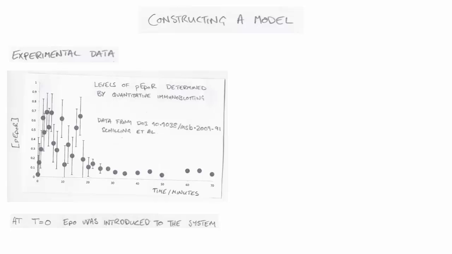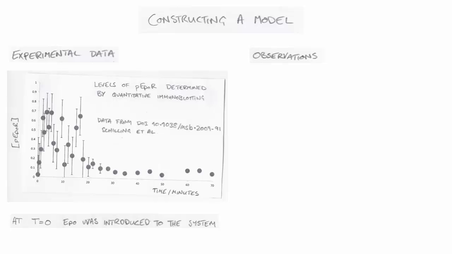There's quite a bit of leeway, particularly in the earlier measurements on this system. So at time t equals 0, they introduced EPO and then measured what percentage of receptors were phosphorylated, and that's what you're looking at there.